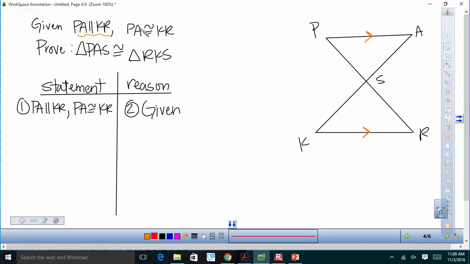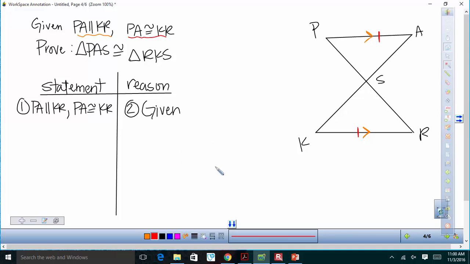But then it also tells me that PA is congruent to KR. So I need to put a tick mark letting me know that they're congruent. Okay, so on both of those, do we need to write down anything for this? Yes or no? Nope. So now we're looking at everything that is implied by the picture.